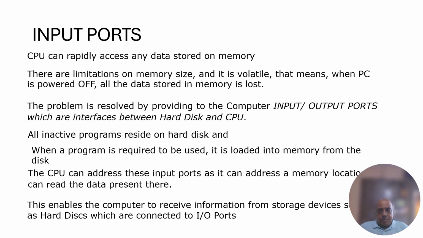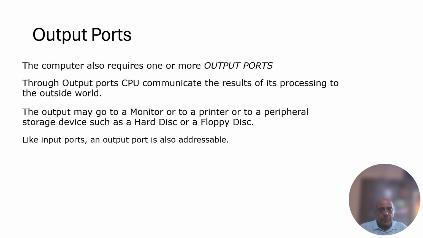As the program, all its instructions and data is available in the memory at the time of its execution, it enables the computer to receive information from storage devices which are connected to I/O ports. The computer also requires one or more output ports.